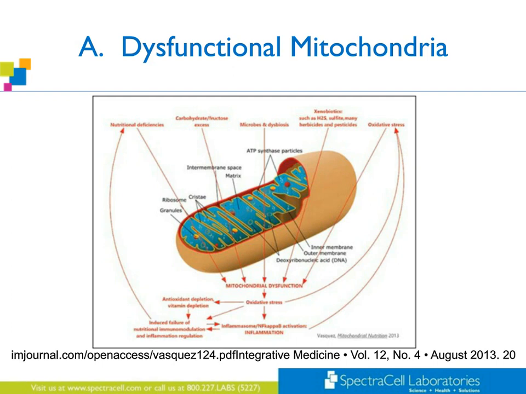The second area that we've come to appreciate that will cause increased mitochondrial stress and dysfunction is simply having too many carbohydrates, too much fructose, carbohydrate and fructose excess. The third are infections and microbes, which would lead directly to dysbiosis.